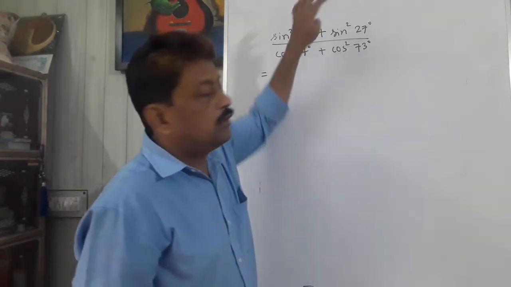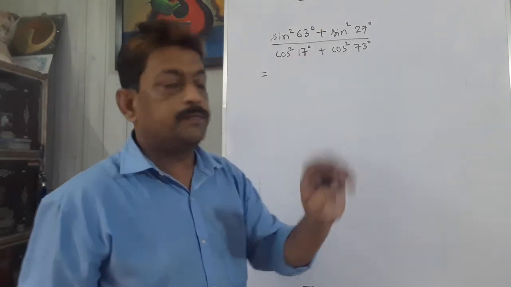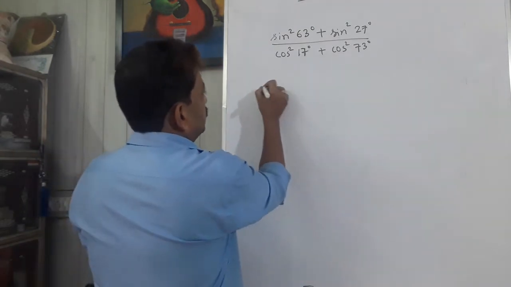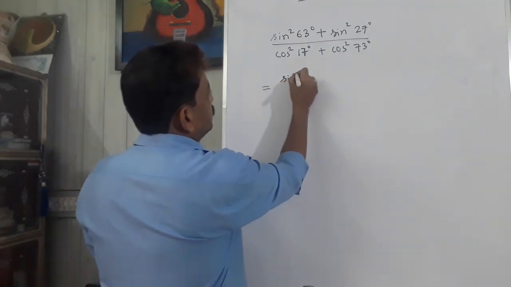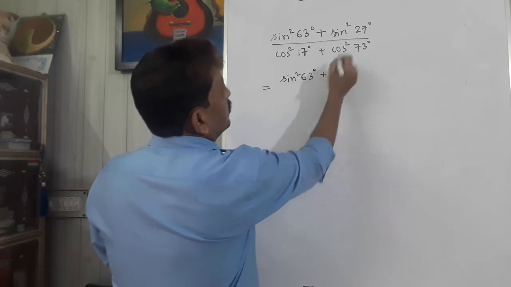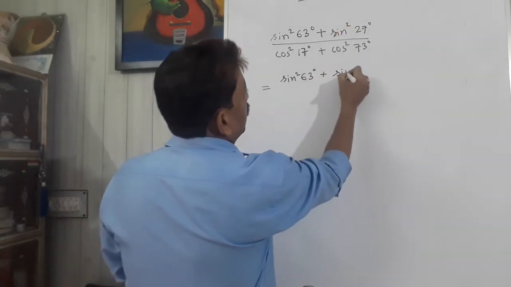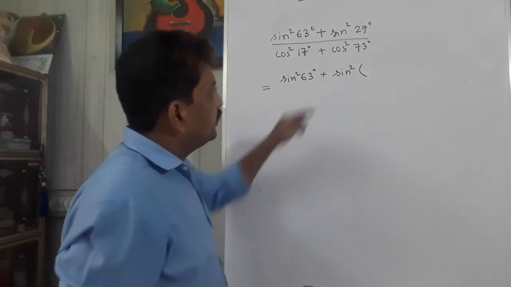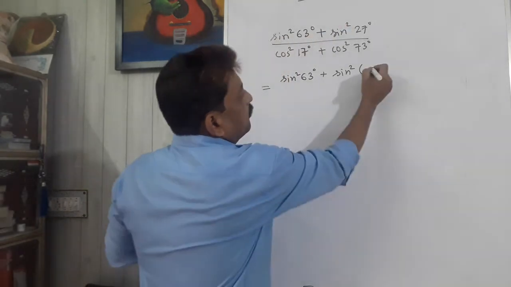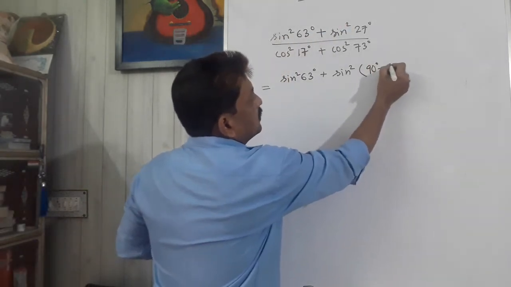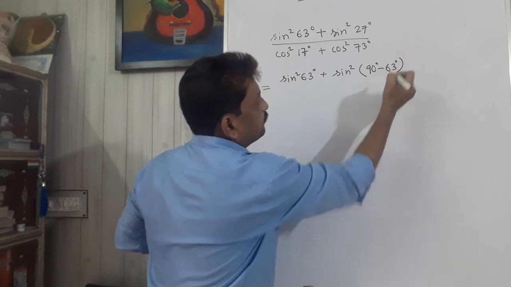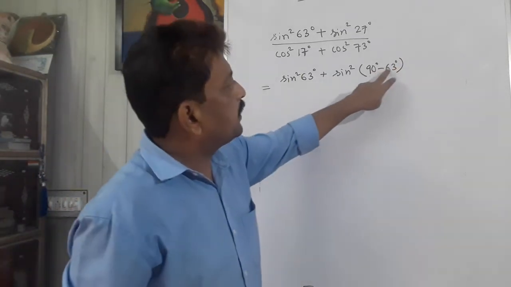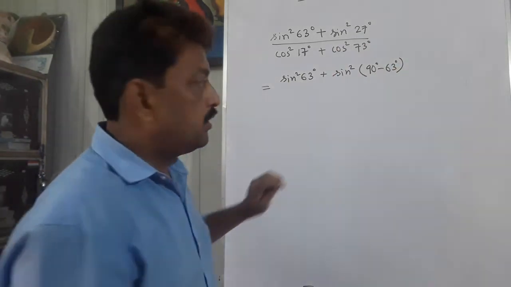Out of these two, we have to change one. So I am keeping the first one, that is sin 63 degrees as it is. I am changing the second one, sin square 27 degrees. This 27 degrees can be written in the form of 90 degrees minus 63 degrees. Okay, 90 minus 63 makes 27.